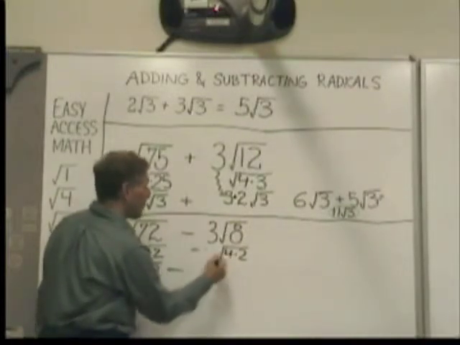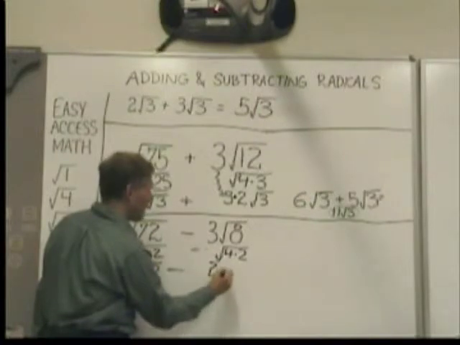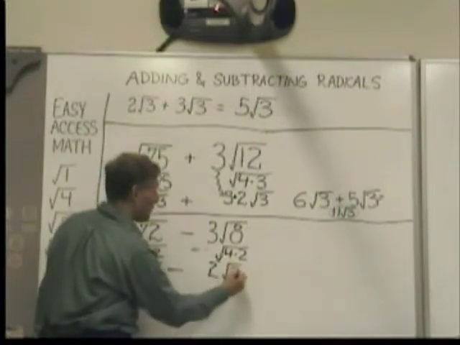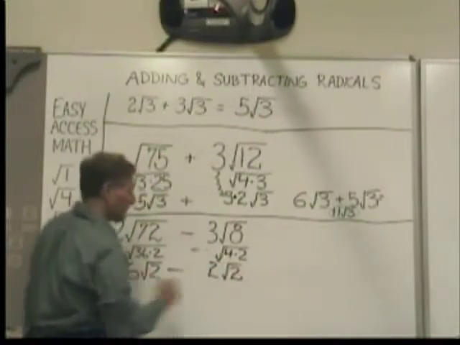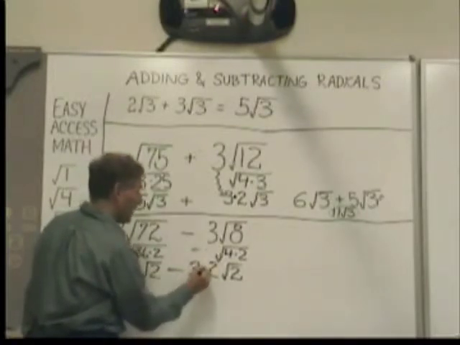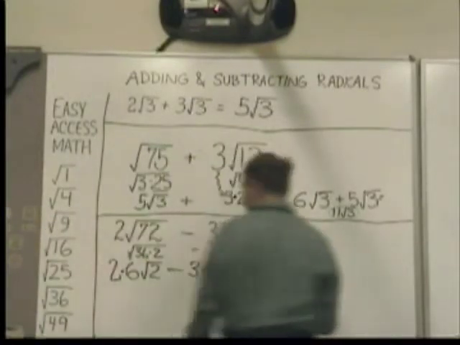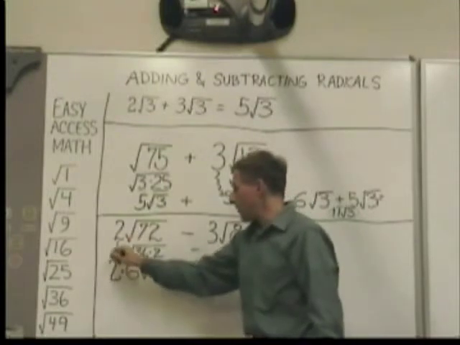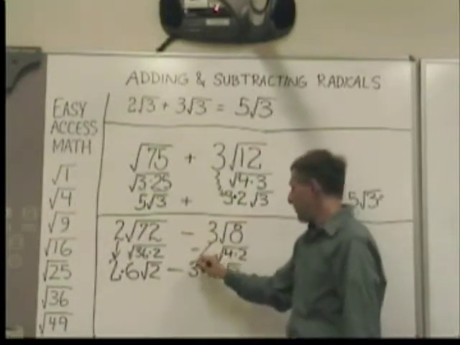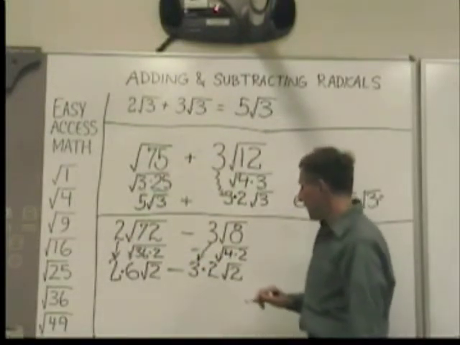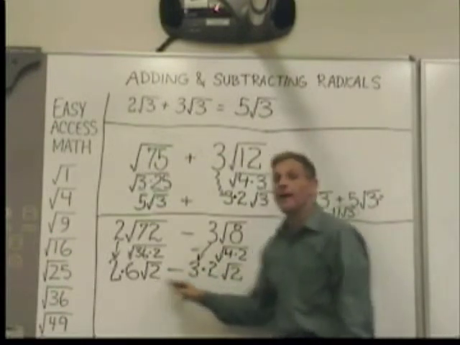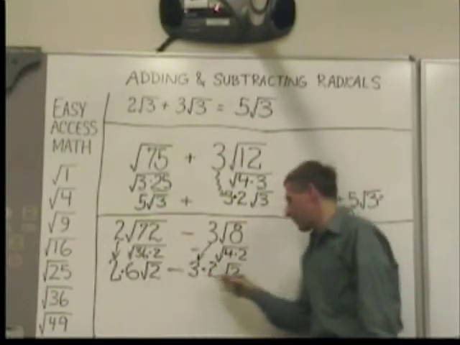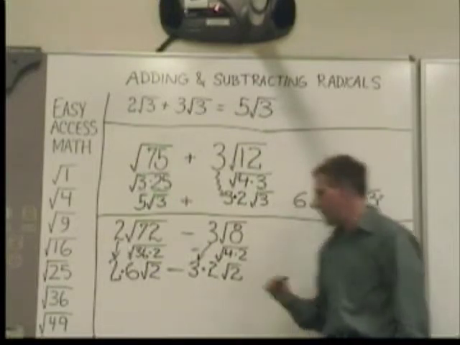The 4 comes out as radical 2, and a radical 2 stays in. There's a 3 on the outside, and you have to remember that step. I bring down the 2 from here, and the 3 from here once I simplify. Notice my 2's match. I have the radical 2 on both sides.